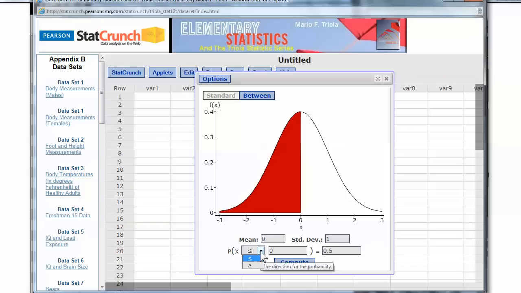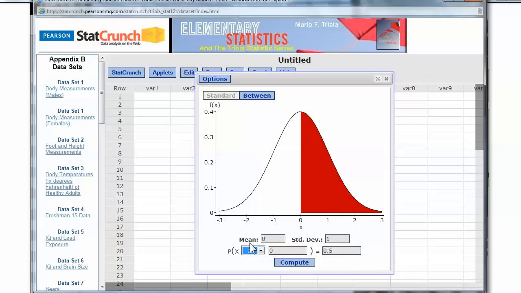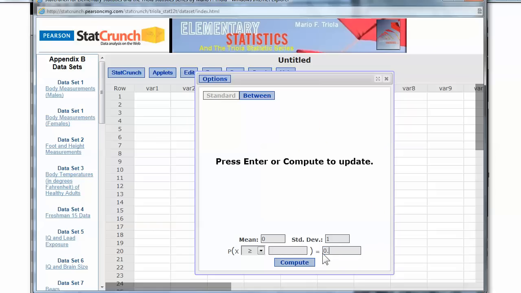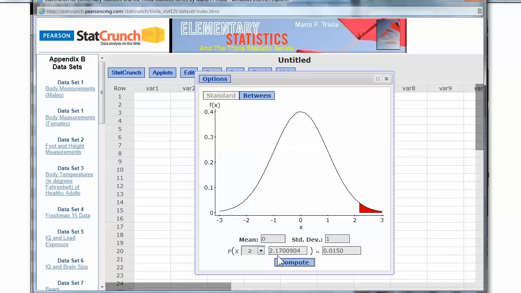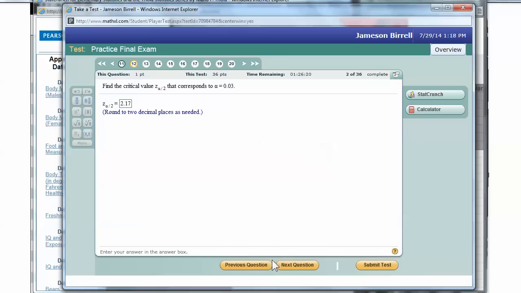We want this time to have on the top, to have cut off half of 3%. So what is the corresponding critical value? 2.17. So you put in the area and then you hit compute. And that's because I said I want it to be up here on the positive side, so I said greater than or equal. Okay, so those are those 3 questions.